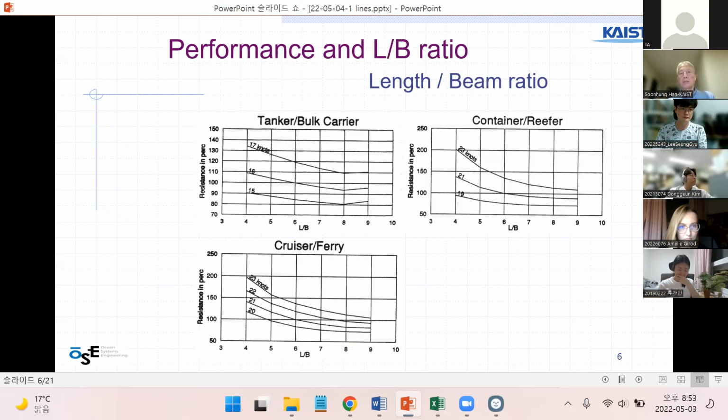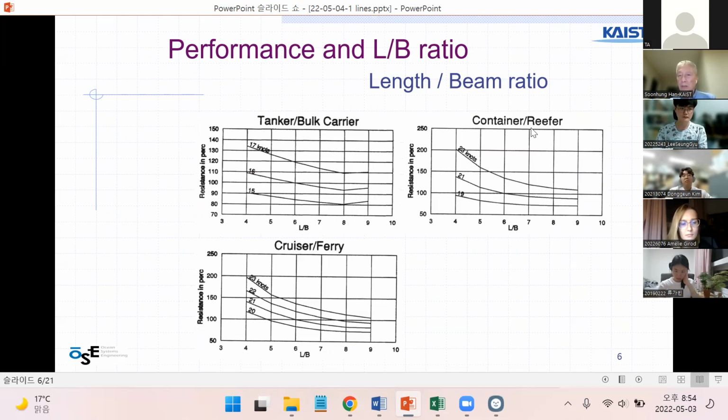And then length breadth ratio or length beam ratio. The top left box shows you tanker and bulk carrier and a speed range of 17 to 15. And length beam ratio is between 4 and 9.